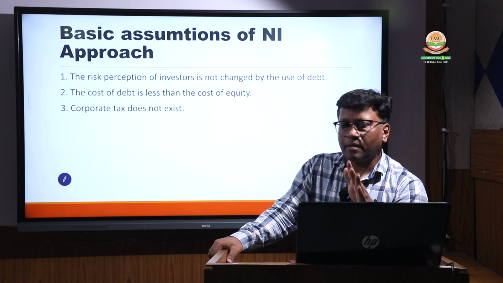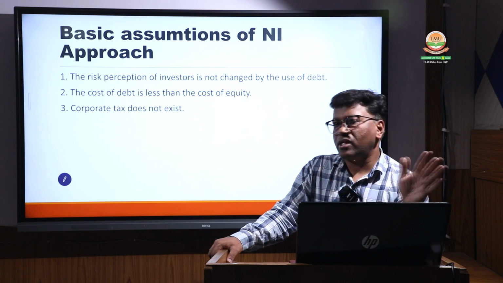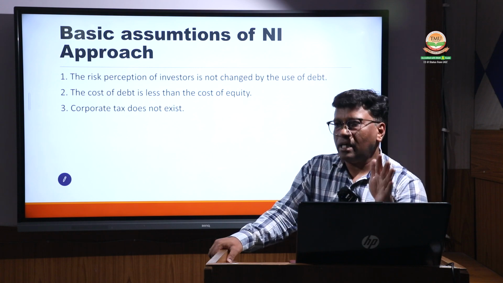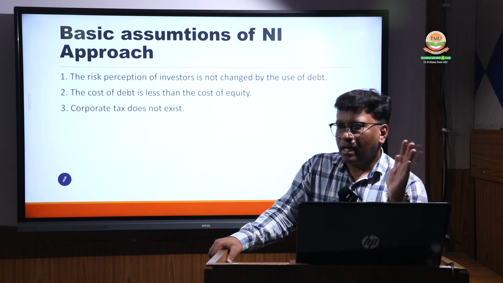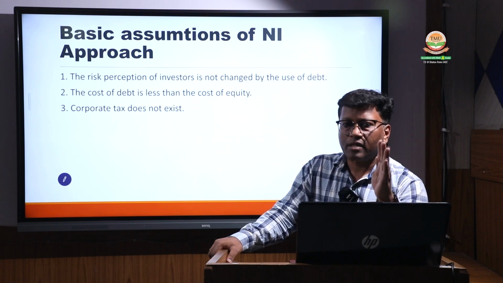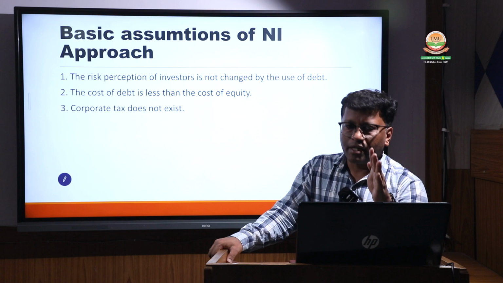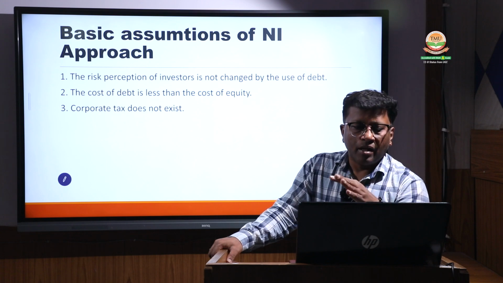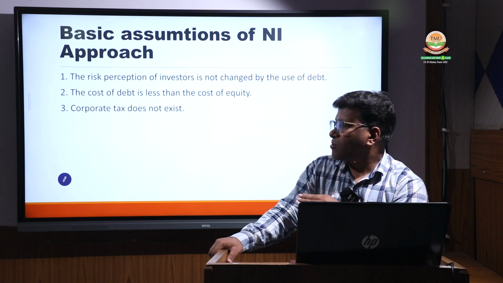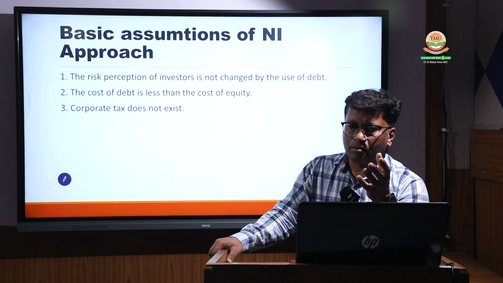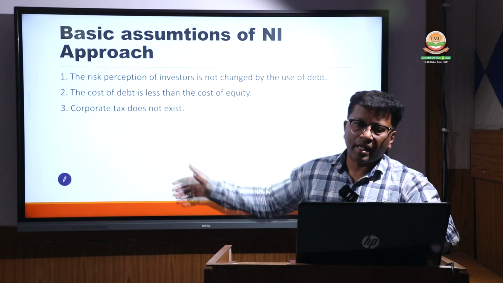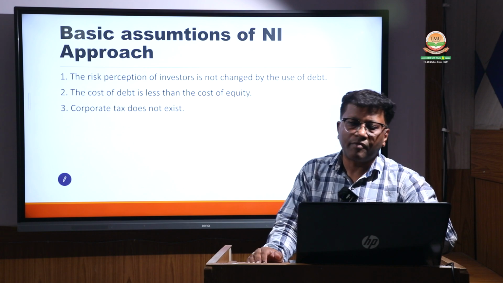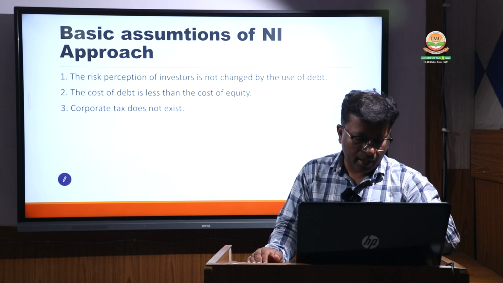And the risk perception of investors is not changed by the use of debt. They are not of the opinion that the risk would increase in the company, and they are very much satisfied with whatever they are earning, in the form of their dividend or the rate of return. And the cost of debt is less than the cost of equity, in the context of the cheaper source of capital, right? So these are the basic assumptions you should consider when we are talking about the NI approach.